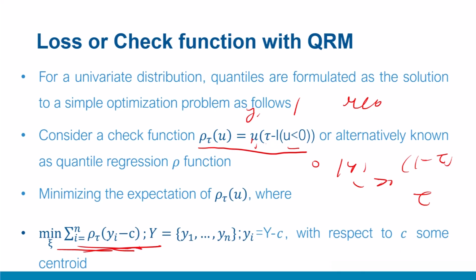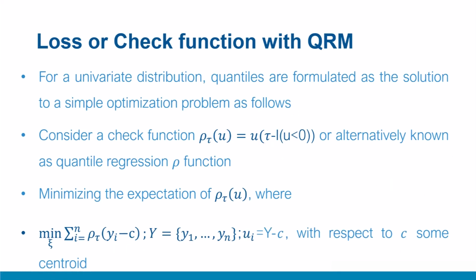If you think of it, this is a minimization problem where the loss function or check function on yi minus c is applied, where yi takes a set of values, and here you will have error terms or deviations. These mu i's are deviations, that is, for each yi minus c you'll get some deviation mu i, which will be further fed into this check function, and the minimization problem will give us that centroid or quantile.